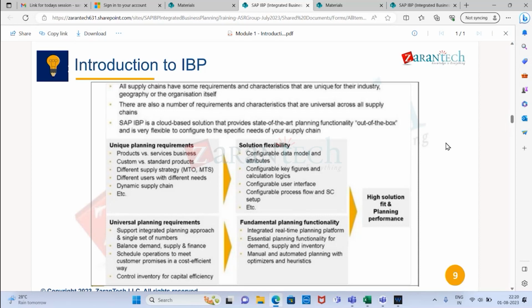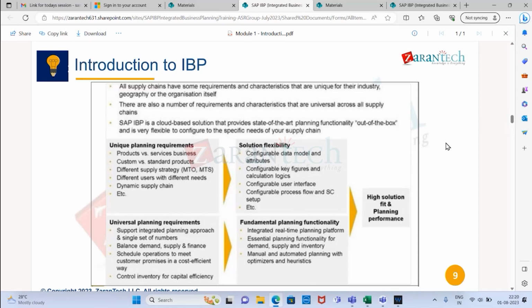For example, a single set of numbers, or an integrated set of numbers, balancing demand, supply and finance, and scheduling operations to meet customer promises. These are very standard KPIs which are part of most organizations, and these are processes which are quite universal across the globe.